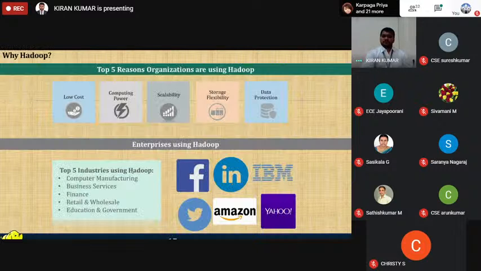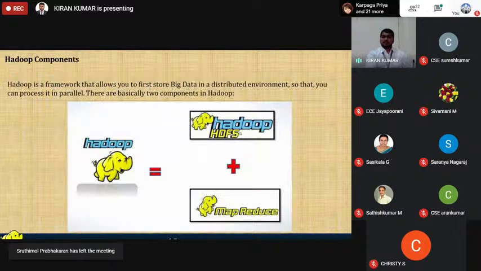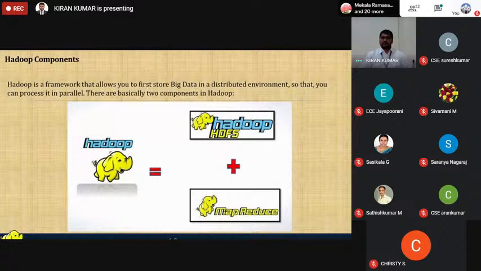Let us try to understand this explanation using these two components. I would like to classify Hadoop into two parts. One is Hadoop HDFS, another is MapReduce. Hadoop HDFS mainly addresses the storage part. The huge amount of data, the big data, can be stored here in Hadoop. And MapReduce comes into the picture for processing or accessing the huge amount of data.